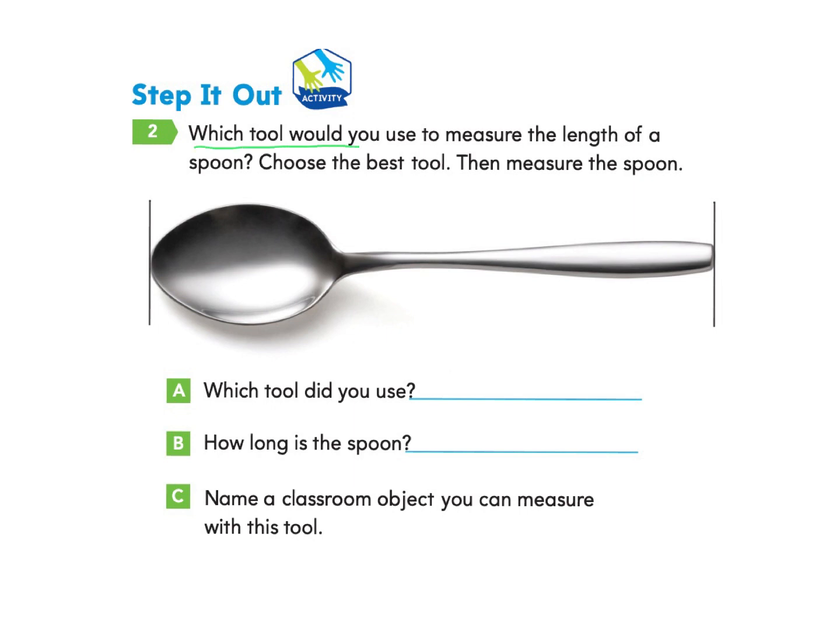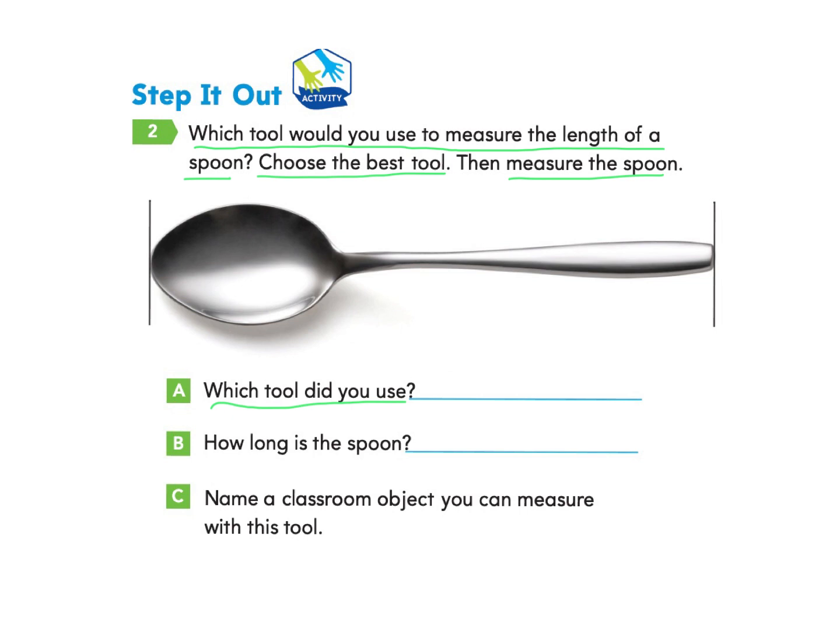Which tool would you use to measure the length of a spoon? Choose the best tool, then measure the spoon. Okay, so we're going to look at Part A. Which tool did you use? Remember, we have the ruler, the yardstick, and the measuring tape.